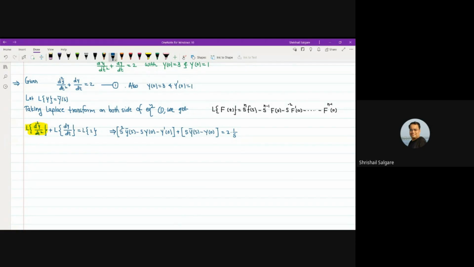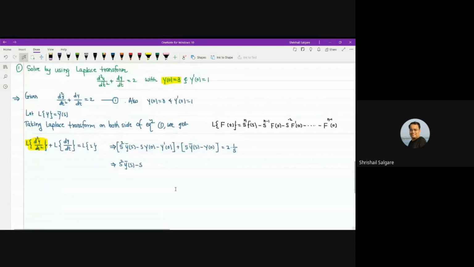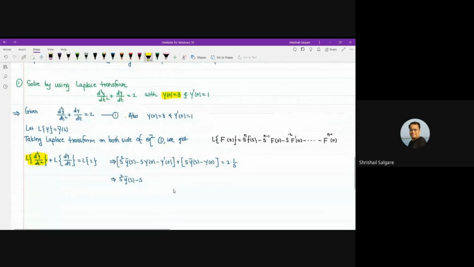So I will collect the terms: first step, s square y bar of s as it is minus s. Now see, in the statement it is given that y of 0 is equal to 3. This term you have to replace with 3.